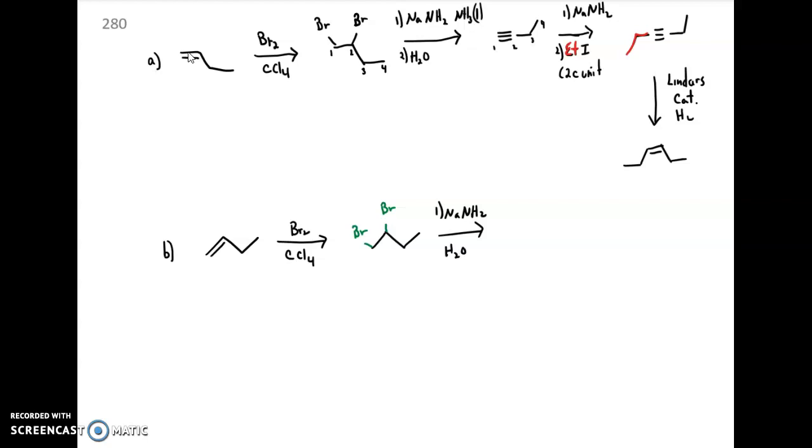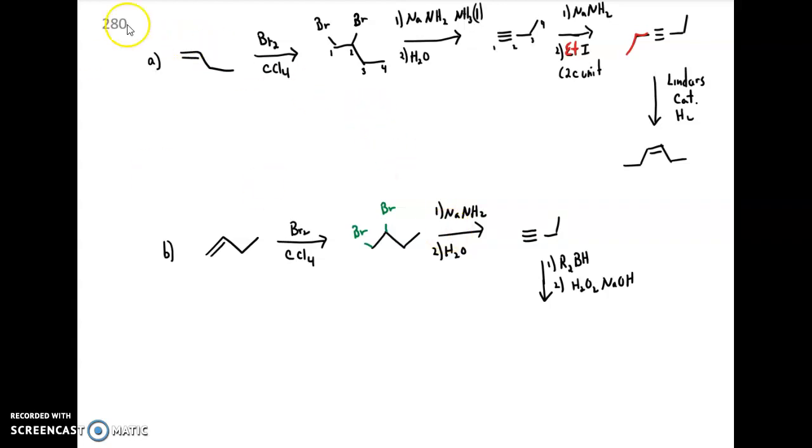So this is a 2-step reaction. We then want to treat with our sterically hindered borane, followed by hydrogen peroxide and sodium hydroxide.